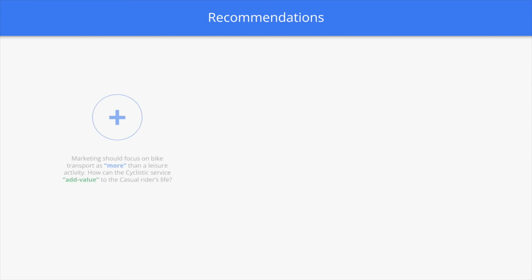The first point asks the casual rider to reassess the role that cycling plays in their life and asks them to consider it as more than just a leisure activity, but something that can actively add value to your life. This recommendation is mostly about selling a lifestyle change.